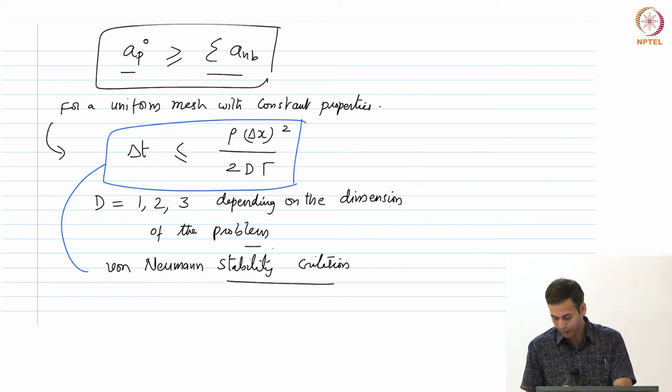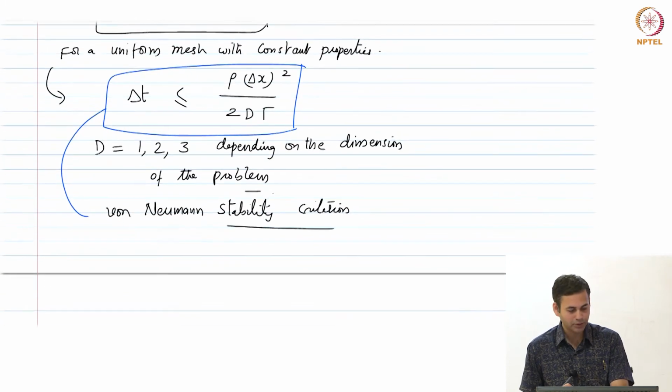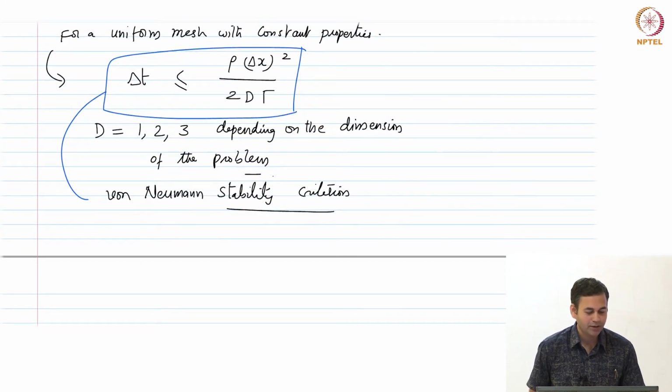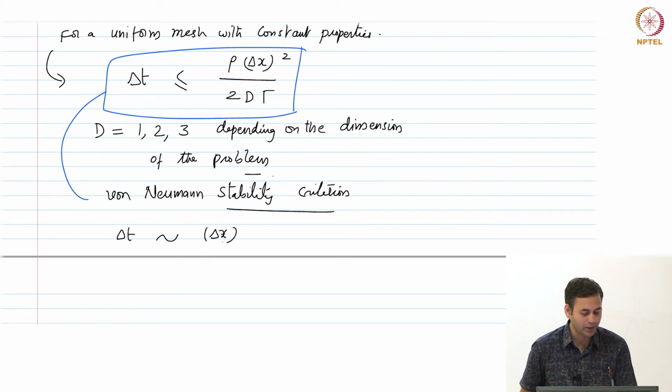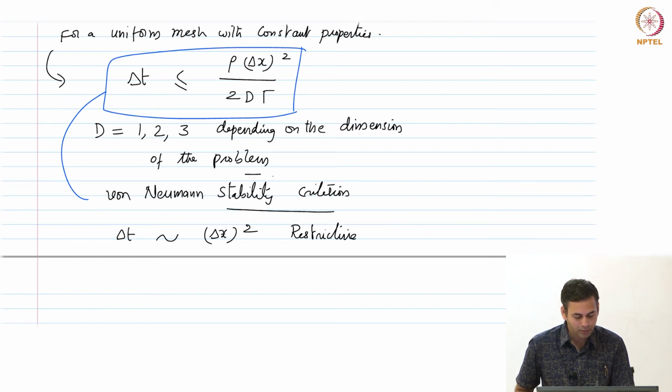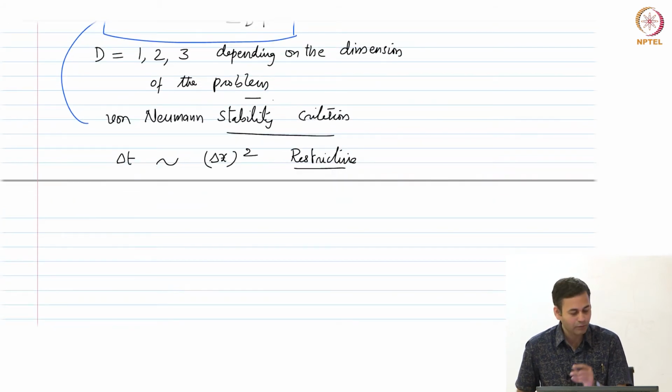Now, this condition is too restrictive because your delta t now goes as delta x square. If you keep refining your mesh, you have to take delta t much smaller than the square of the delta x. That is very restrictive, because you can only march ahead with a very small delta t.